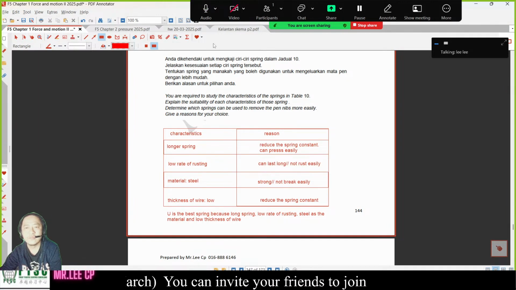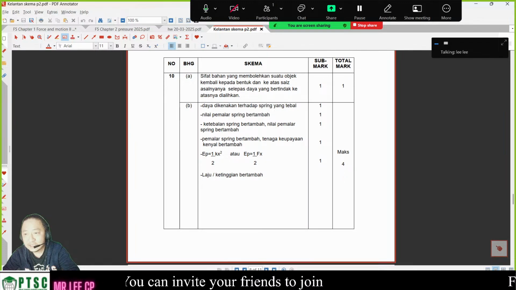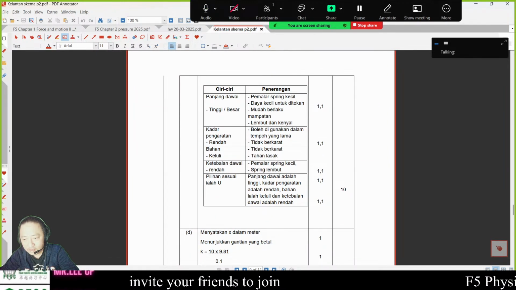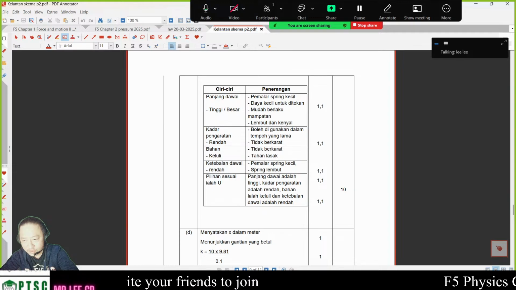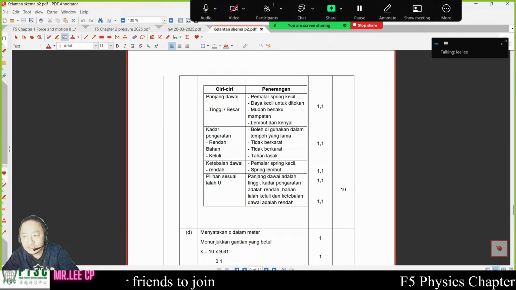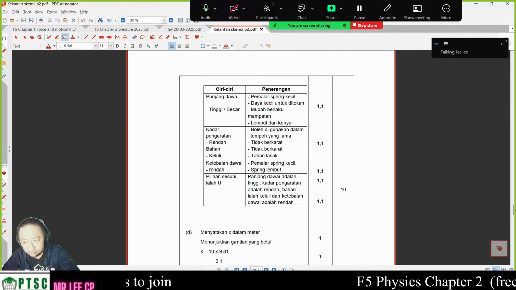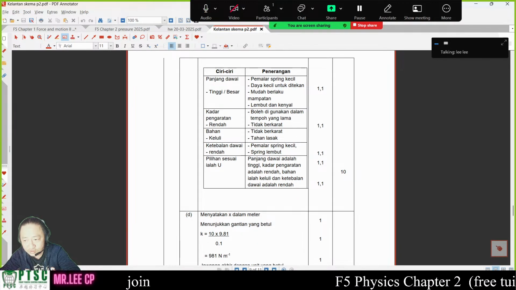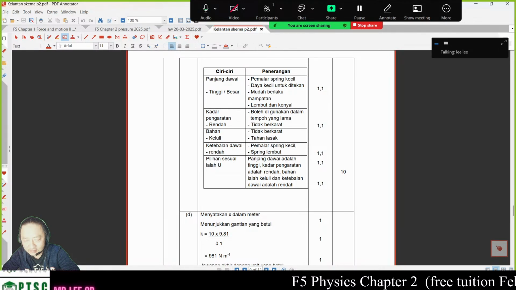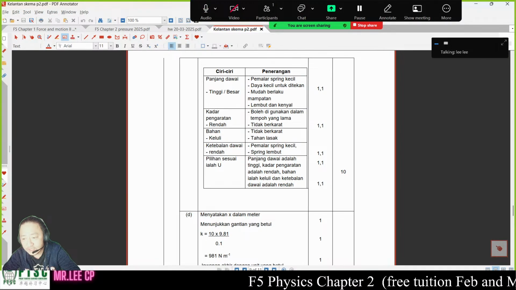So we see the answer. Wayar besar tinggi. Pemalas spring kecil. Spring constant small. Daya kecil dikenakan. Can press easily. Lembut kenyal. And then kadar pengaratan it is rendah. Rate of rusting is low. Why? Tidak berkarat. Tahan lama.